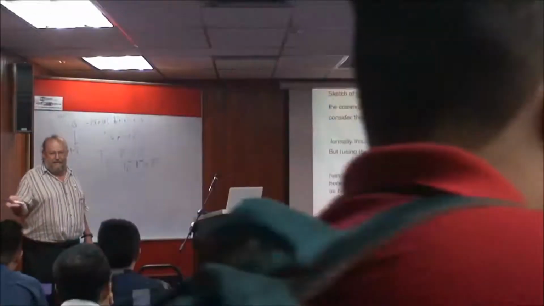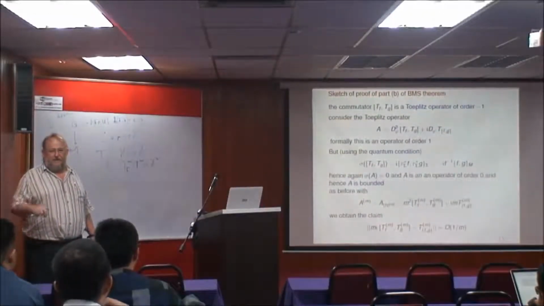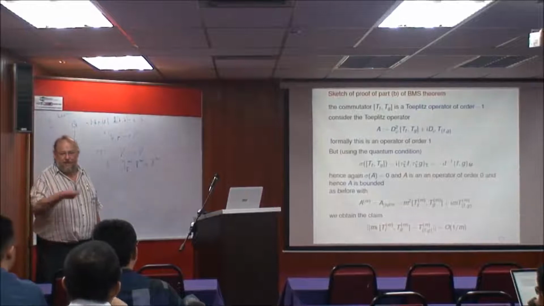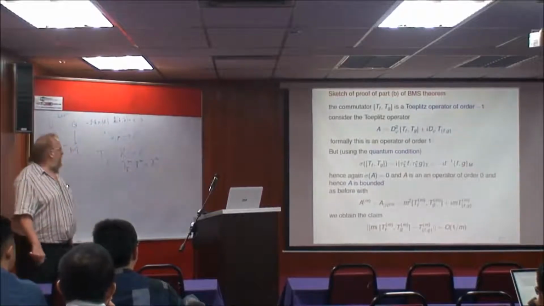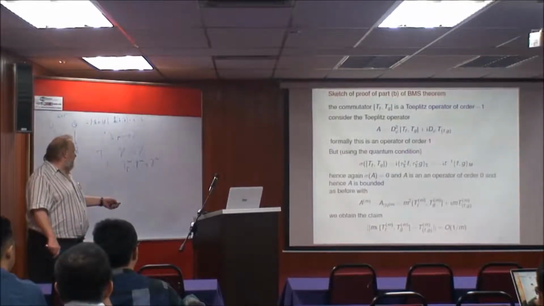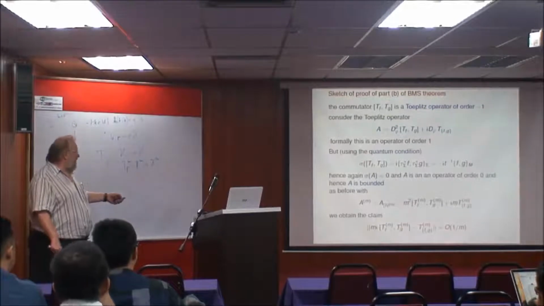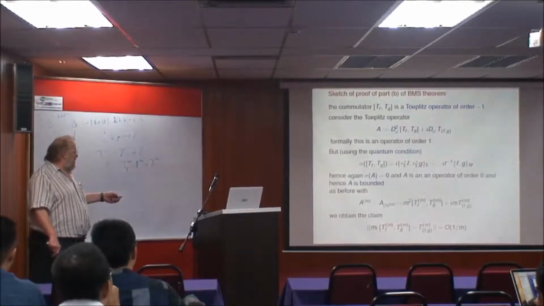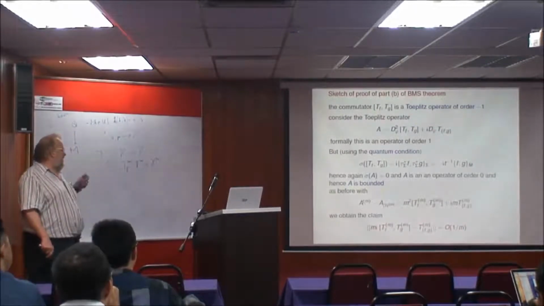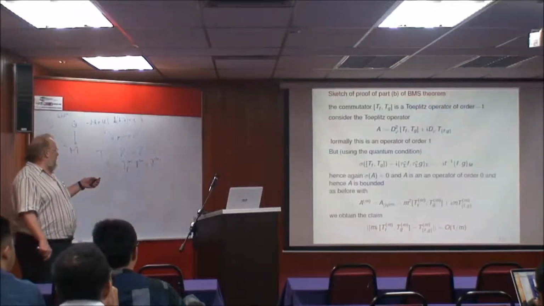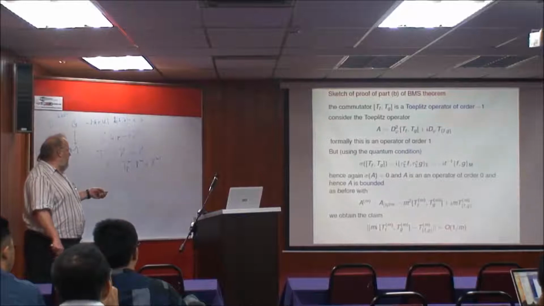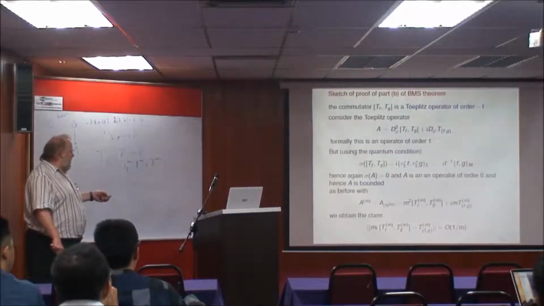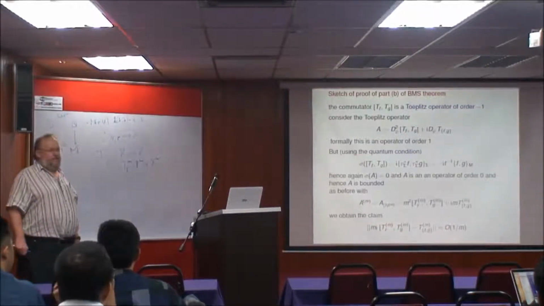One is the T_f, which is of order 0, and the other one is the rotation operator, this operator D_phi. So this is the rotation operator. The T_f is an operator of degree 0, and the D_phi is an operator of degree 1.